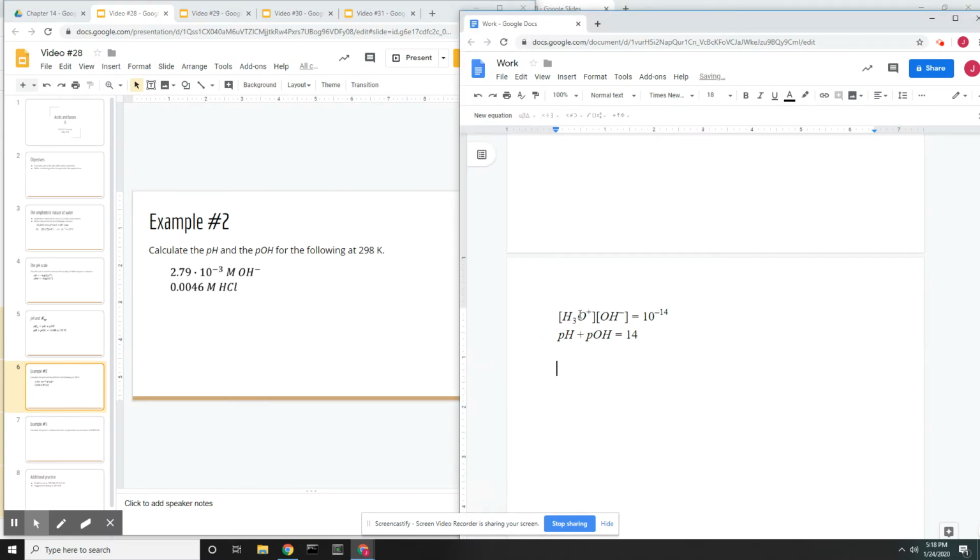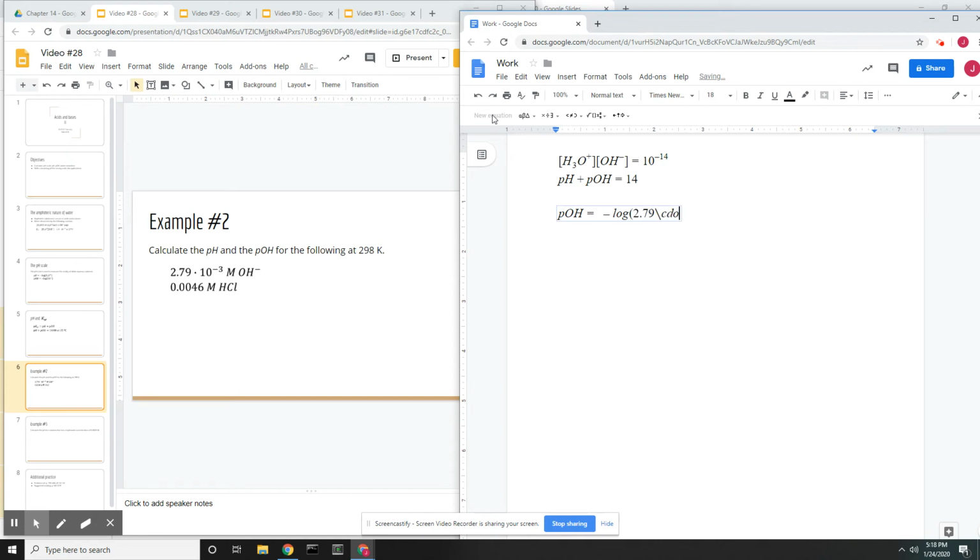All right, so I just put this up here just to make my life a little bit easier. And then it doesn't actually matter which of these two equations I use.